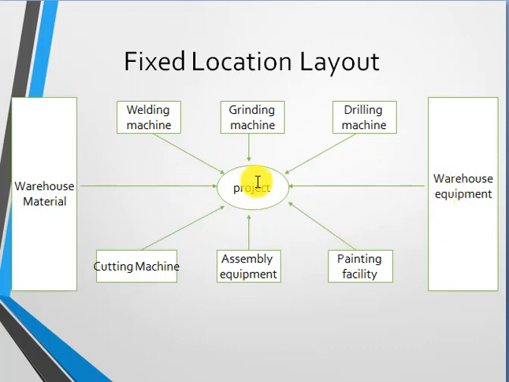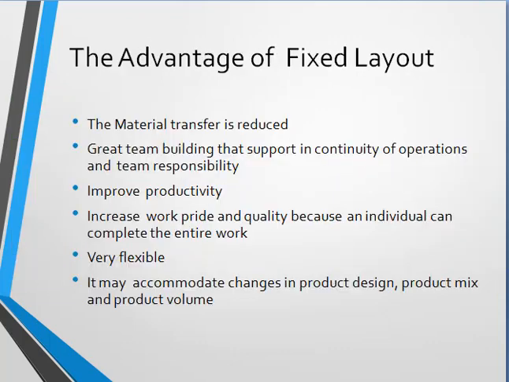So in this case, when the product is very heavy to be moved or transferred, the machines will be clumped closer and do the simultaneous serial activity. And after that, we will move to the next workstations.